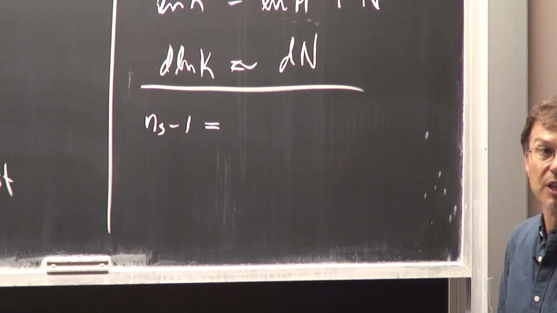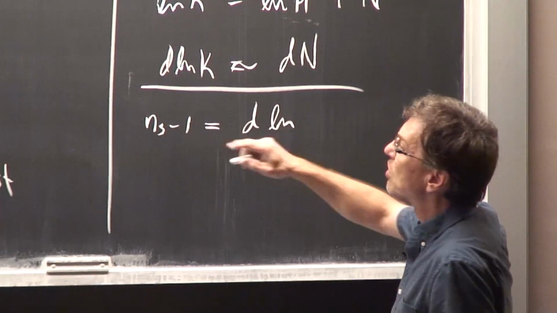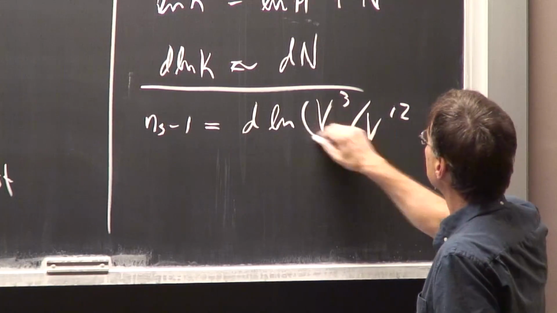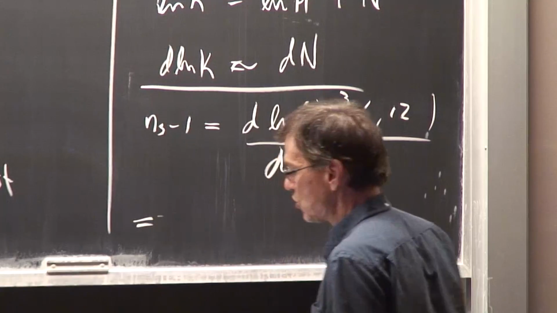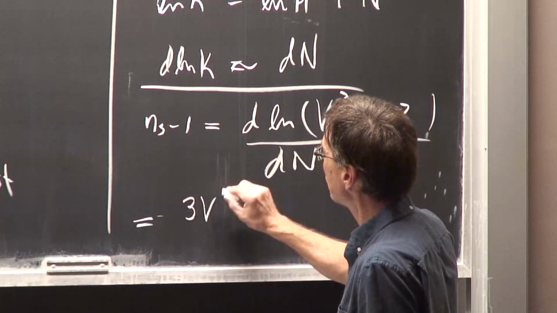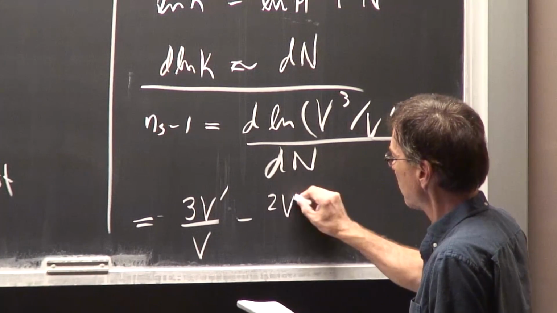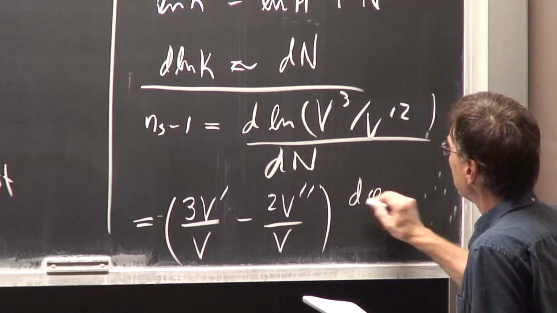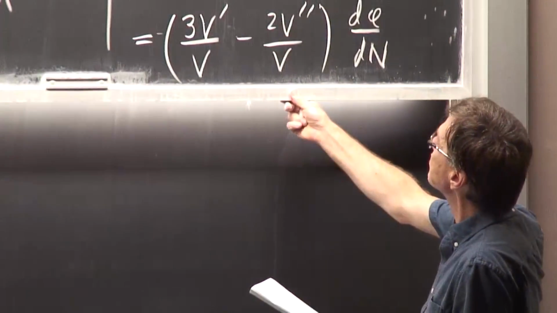And yes. And so we can say this is the derivative of the logarithm of V cubed over V prime squared with respect to N. And so using the chain rule, these are derivatives with respect to the field. And then we'll have a d phi dN here.